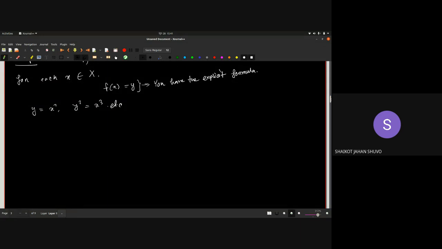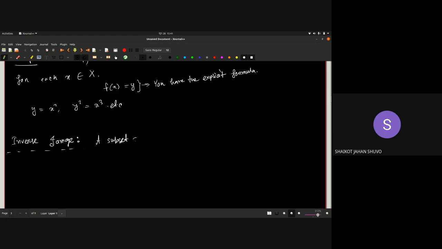And after that, we're going to discuss another definition that is called an inverse image. A subset of X whose elements are mapped to y. So let me write it down.